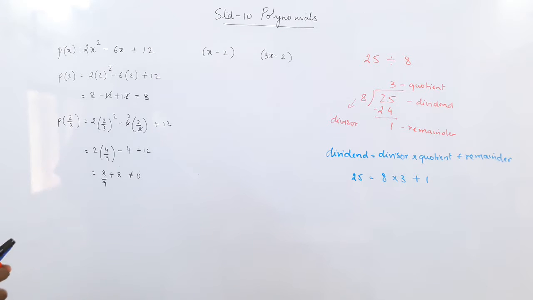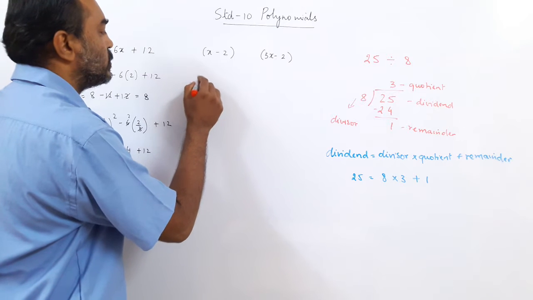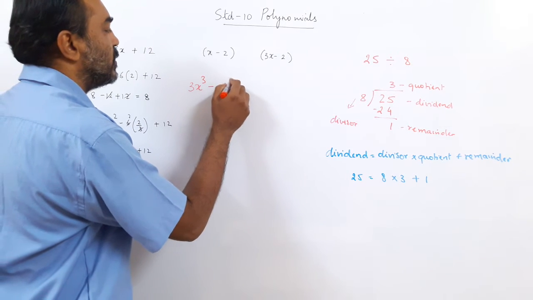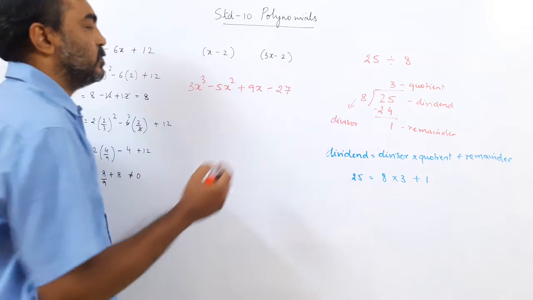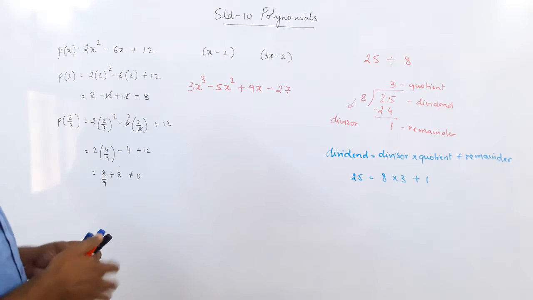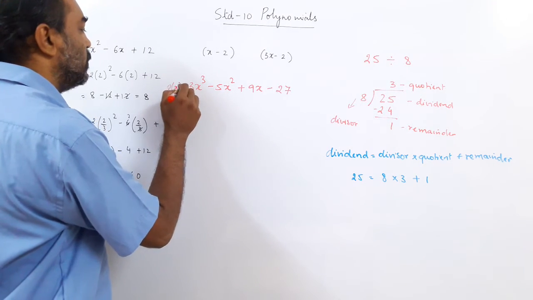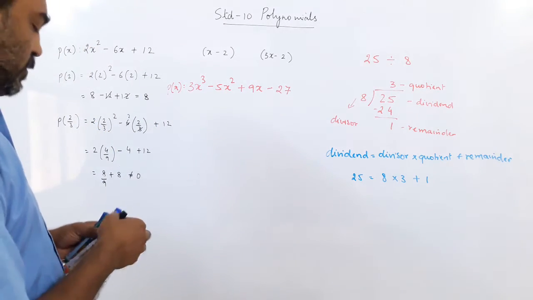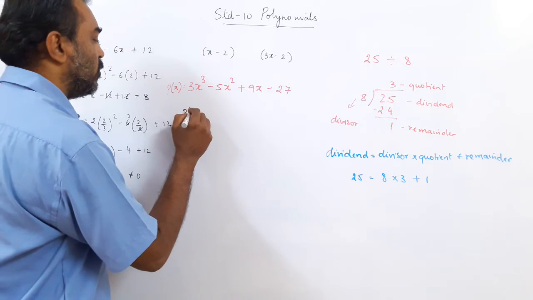Now, let us say we have got a polynomial 3x cube minus 5x square plus 9x minus 27. You can see this is a cubic polynomial again. If you want to check x minus 2 is a factor, we do the same thing. We take p of 2.